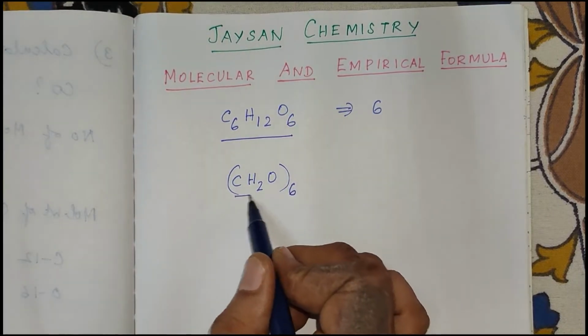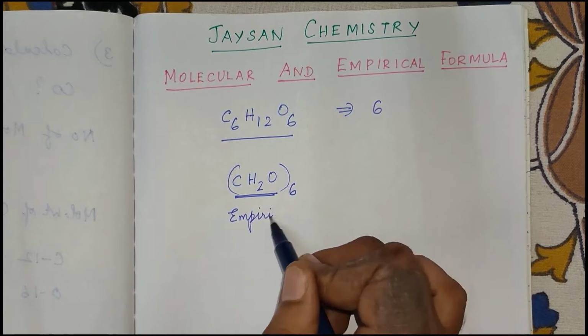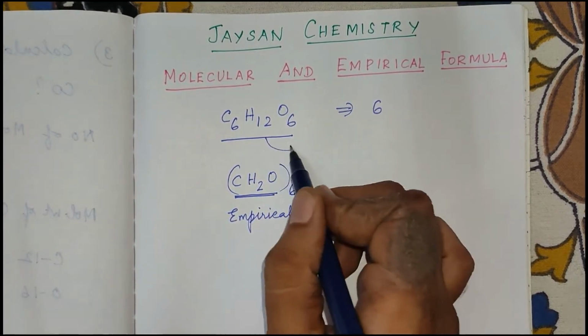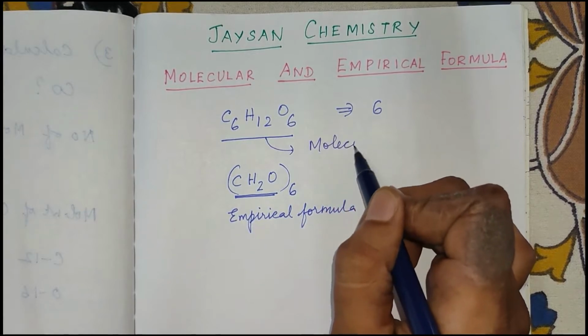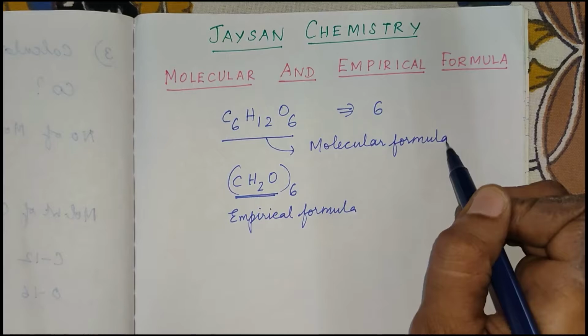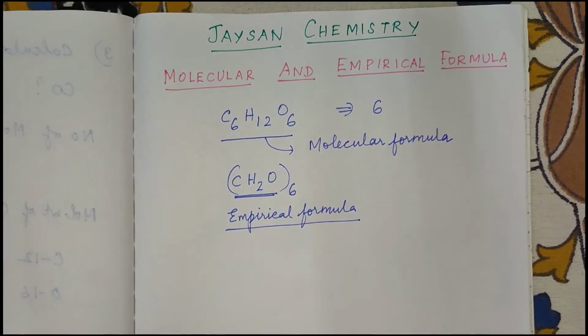Now, this formula is called the empirical formula, and this is called the molecular formula. What is the empirical formula? The empirical formula is the simplest way to represent a formula.